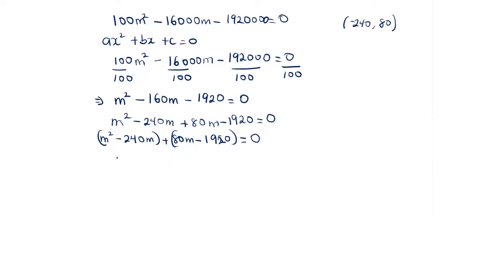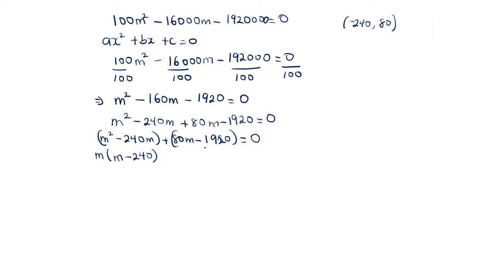Picking our first bracket, what can we factor out? What is the common thing running through? Good, that is M. So we factor M out and get M times (M minus 240).